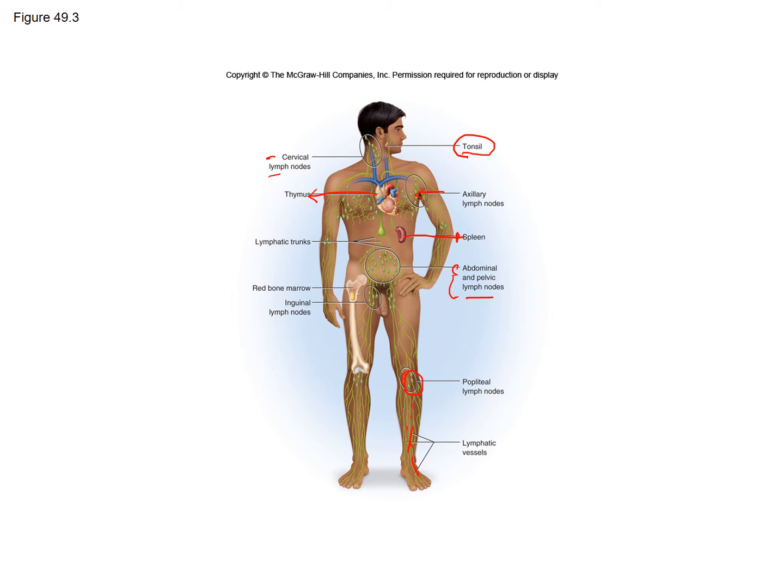So the fluid actually goes all the way, passing through the nodules, just in case they find anything wrong, and will be collected through the subclavian, from the subclavian vein to the superior vena cava.